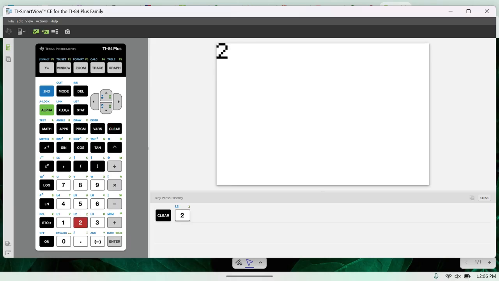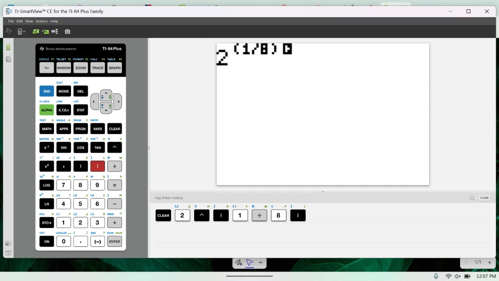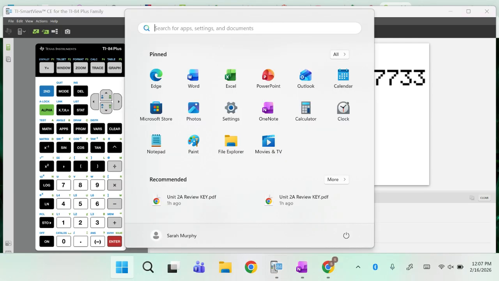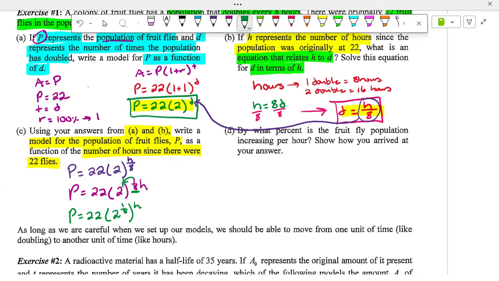If you need to see it on the board, you do 2, hit the caret key, parenthesis, 1 divided by 8, close the parenthesis. I'm just going to round this to 3 decimal places, so 1.091. So this would be P is equal to 22 times 1.091 to the h power.